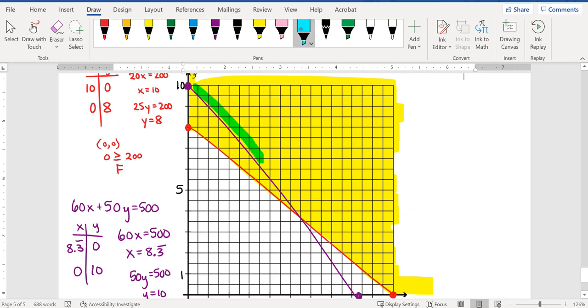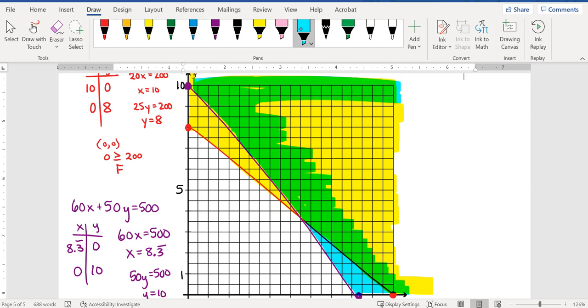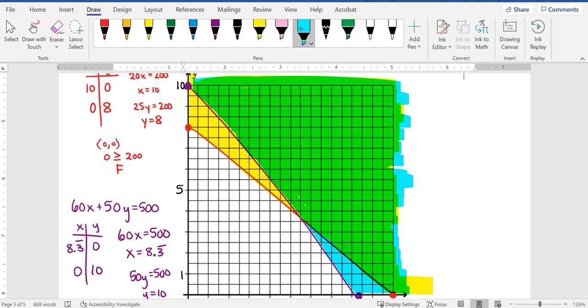So I would want to shade this way. All right. The green is my feasible region.